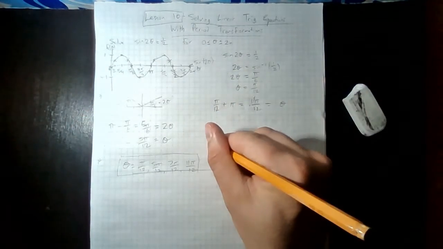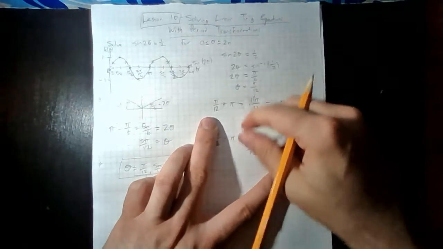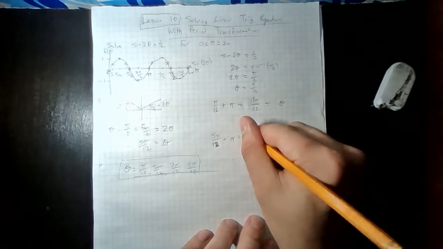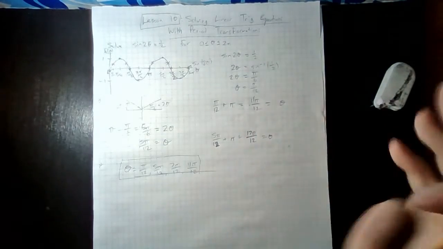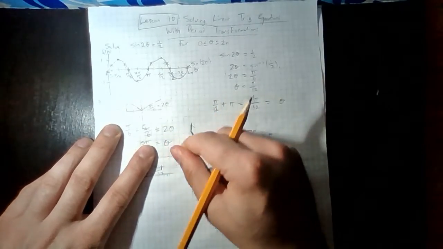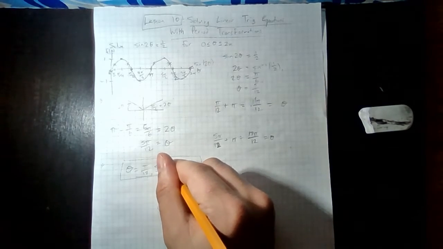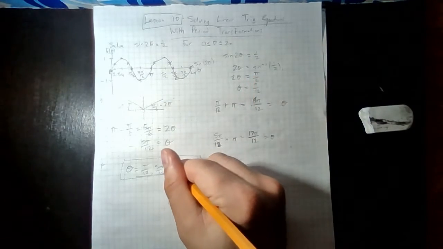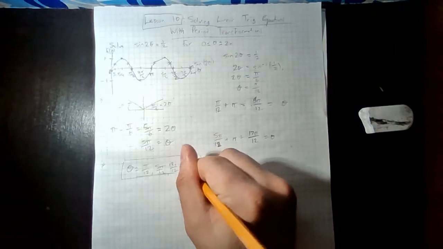And 5 pi over 12 plus pi is 17 pi over 12 equals theta. So that's just going to change these last 2 to 13 pi over 12 and 17 pi over 12.